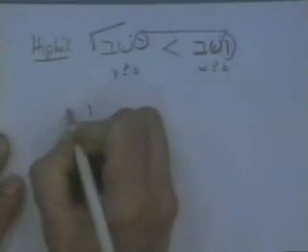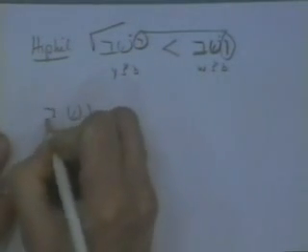Now, if the root, in fact, is washav instead of yashav, how would we make this form Hiphil? Once again, follow the general principle: pretend it's regular.